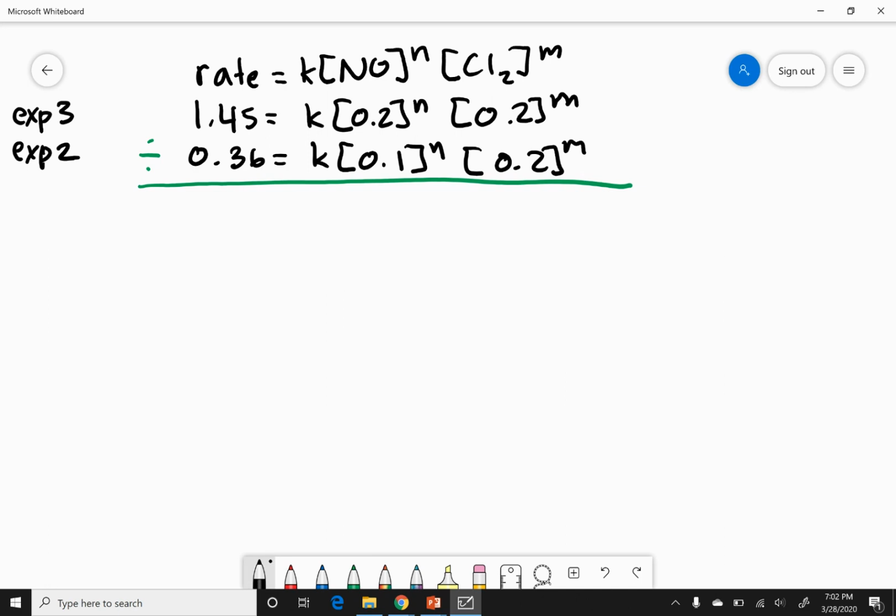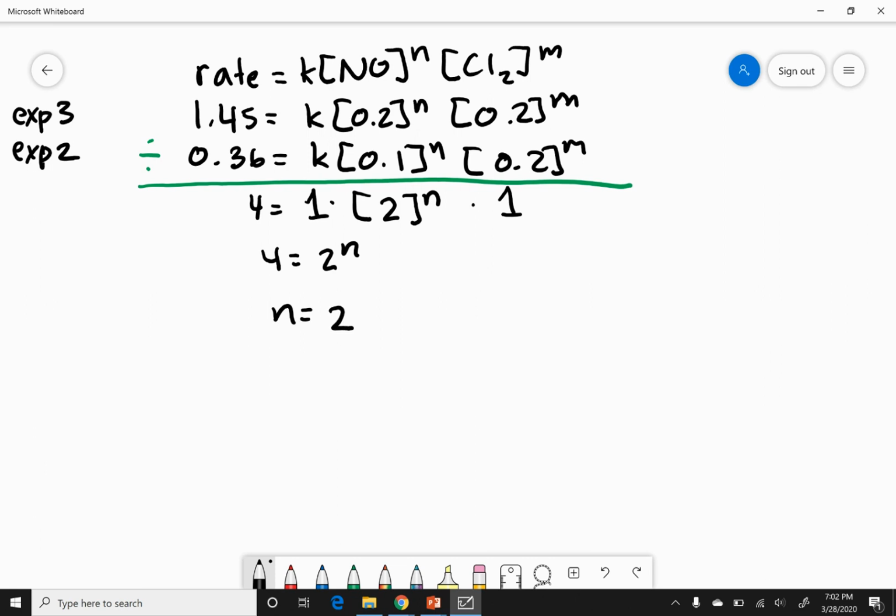So what I get is 1.45 divided by 0.36 is 4, and then k divided by k is 1. 0.2 divided by 0.1, that's 2 raised to the nth power. And then finally, 0.2 to the nth divided by 0.2 to the nth is just 1 as well. So this simplifies to 4 equals 2 raised to the n, and then n equals 2.